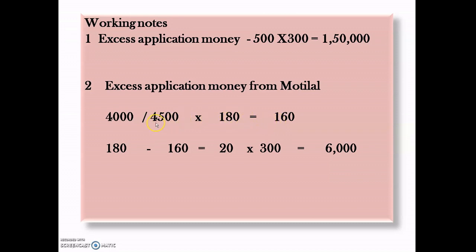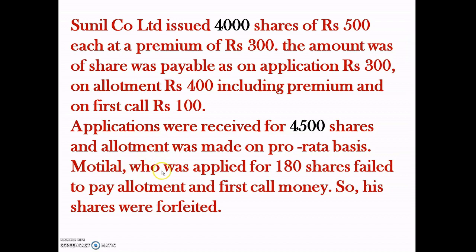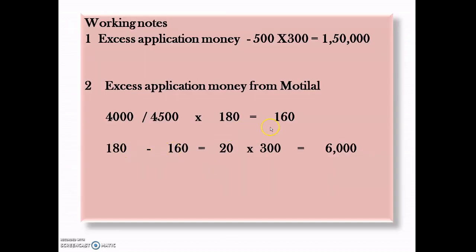Clear? Whatever is given, we take as the denominator, and which one you want to find out, we take on the upper side. In previous videos I have explained this very well, so please watch that once again. Next, this 180, Motilal applied for 180 shares, minus 160, it will come 20.